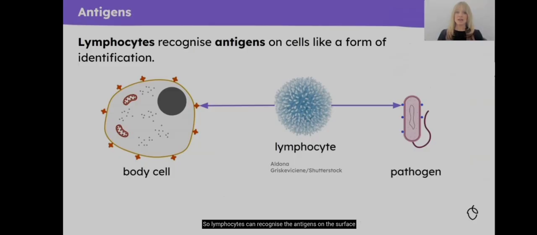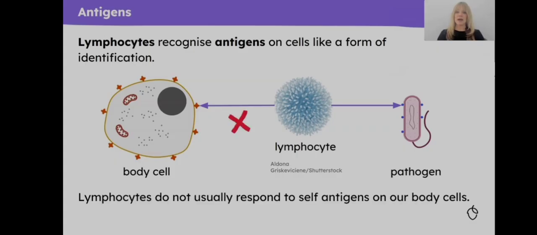So lymphocytes can recognise the antigens on the surface of different sorts of cells. And lymphocytes don't usually respond to any antigens that are on our own body cells, because otherwise our immune system will start attacking our own body. There are certain diseases that people can have where this might happen.